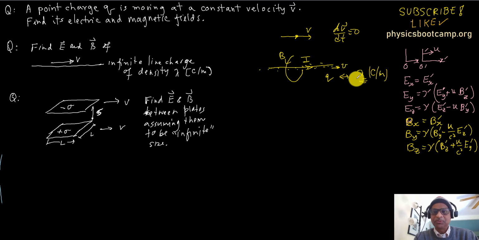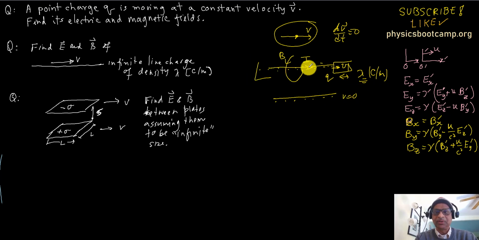And so you can see the magnetic field that's here. If I jump into the frame attached to the wire, the charges are there, but their v is 0. It's the frame attached to, say, that electron, which was moving, and we can assume everybody is moving at the same speed.